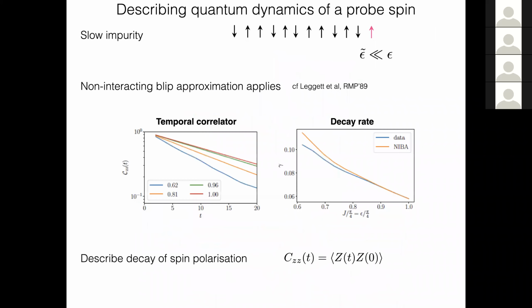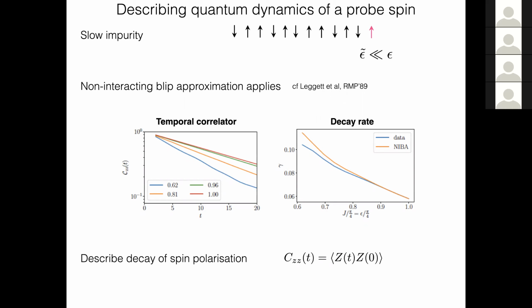Based on that, and also inspired by some of the approximations developed by Leggett in the context of the dissipative two-level system, you can realize that for describing an impurity coupled to this many-body spin bath, a non-interacting blip approximation can be very efficient.